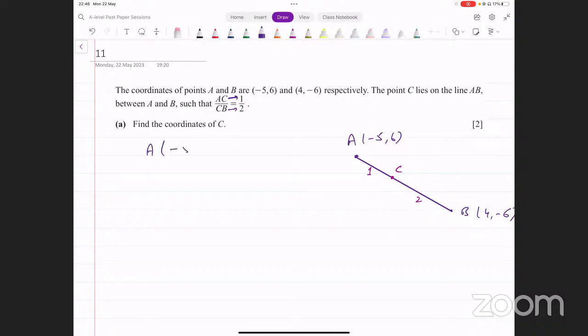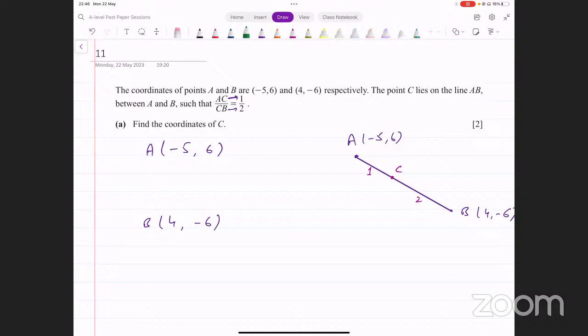A is a point that is -5 and 6. ये भी एक तरह से वेक्टर मेथड ही है, लेकिन हम इसको लॉजिकली सोच रहे हैं कि ये A और B पॉइंट्स हैं. ठीक है.